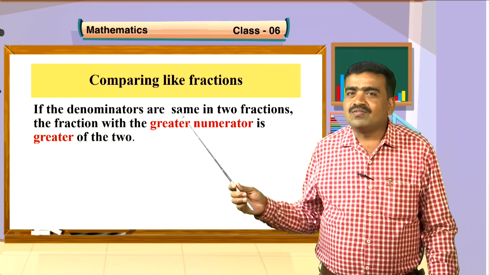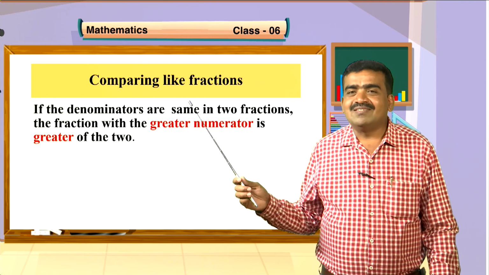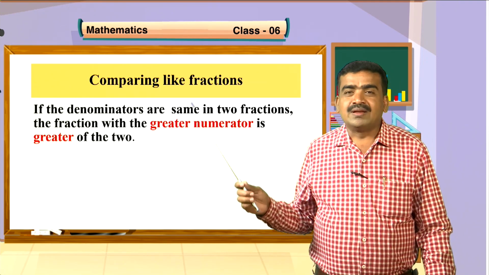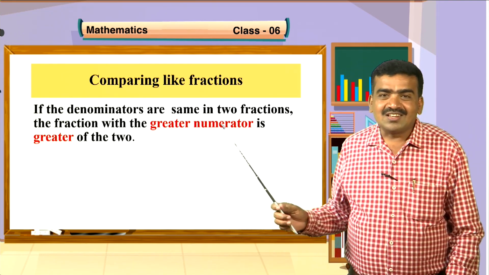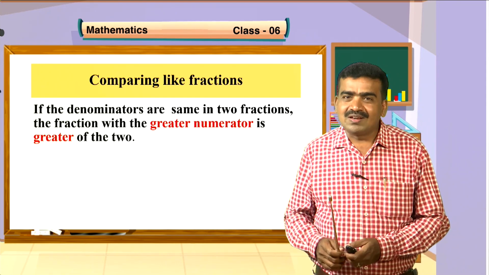That means if the denominators are the same, they are like fractions. So, in case of like fractions, the greater the numerator, the greater the fraction among the given fractions.